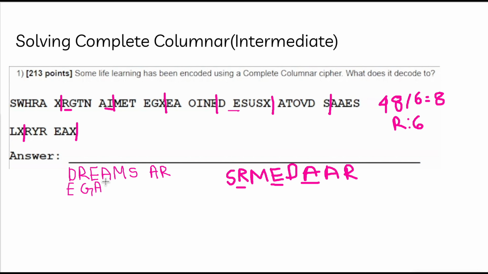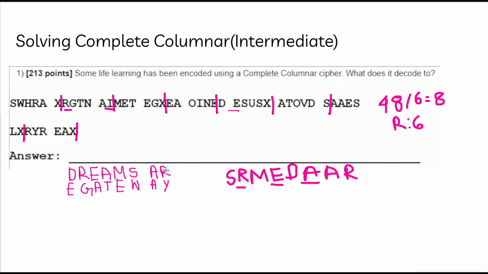So this is the first A, has a T, and then M is E, and then S is W, and then the second A is A. So far I think this makes sense, so we don't need to be switching up the A's and the R's. And then the second R is a Y.